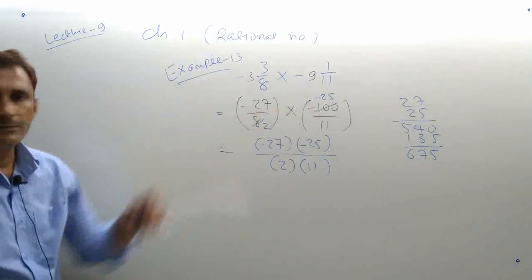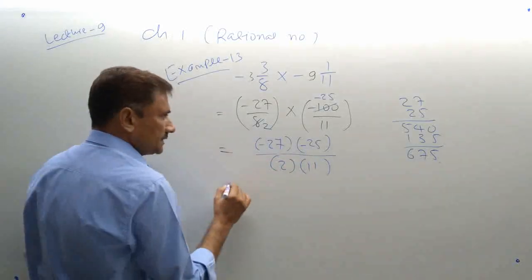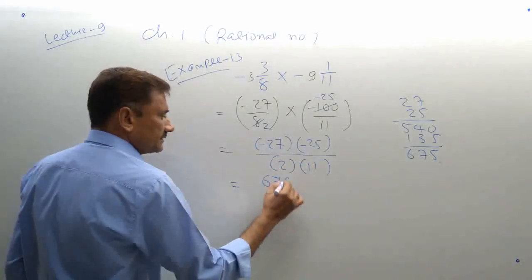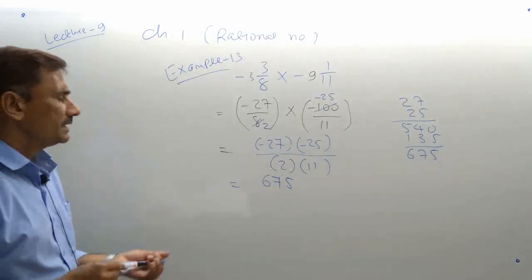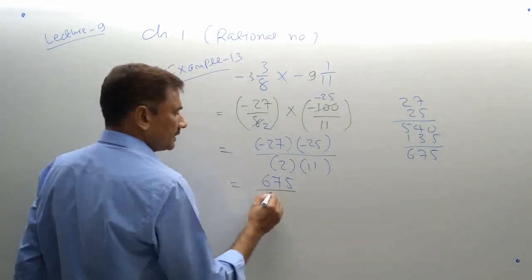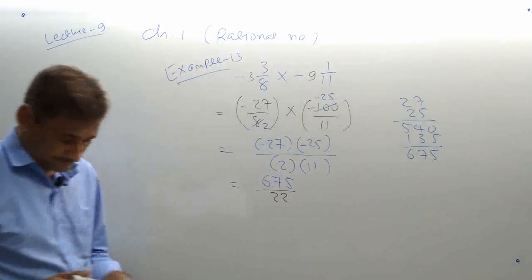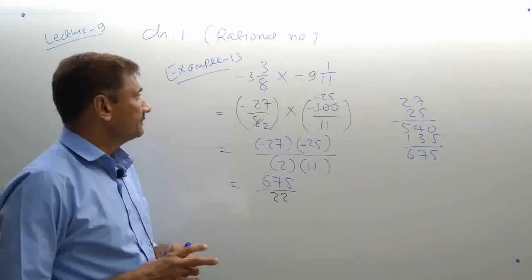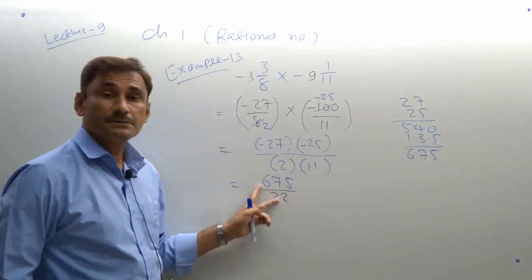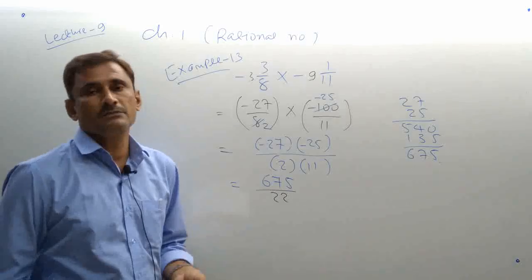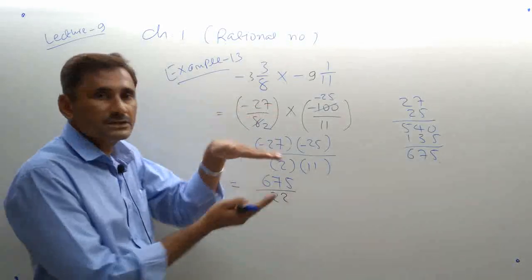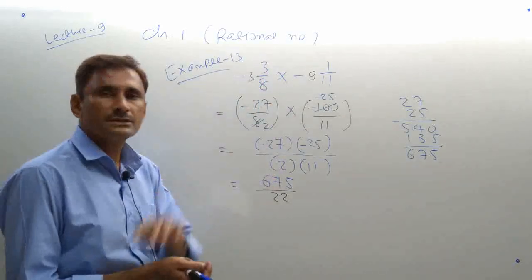I already multiplied them. Negative, negative, positive, so I am already writing 675, not minus. And 11 2s are 22. But again, if the question is given in mixed fractions, you are expected to give the answer again in a mixed fraction. But in between, a fraction should be there, otherwise you cannot proceed here.